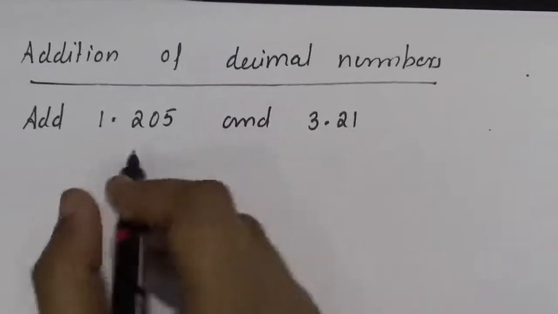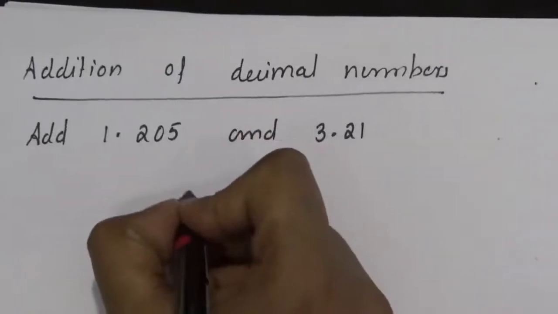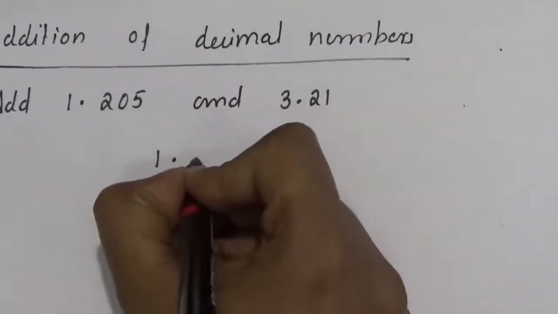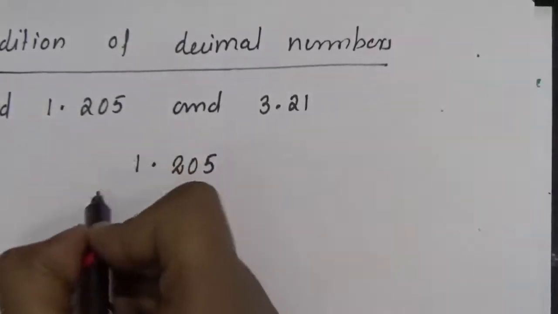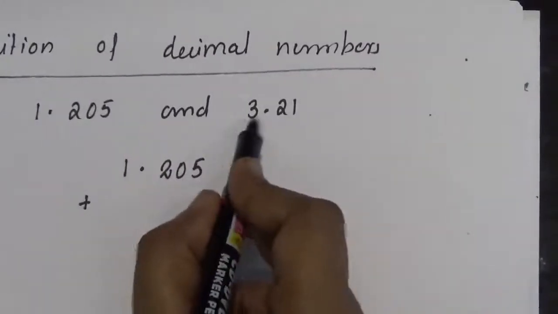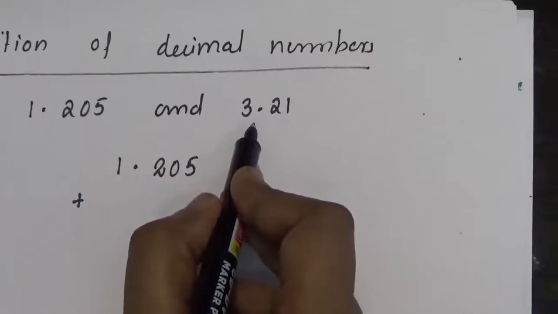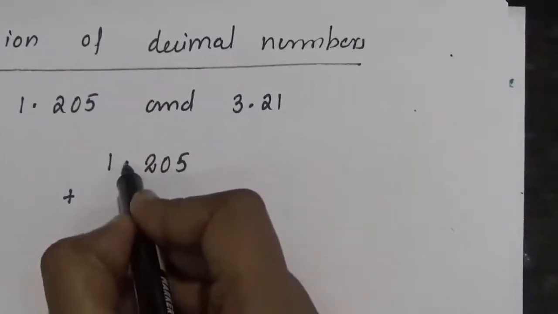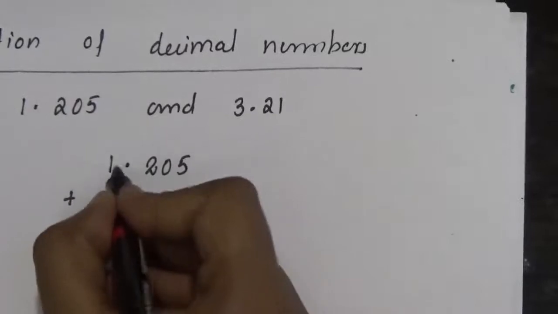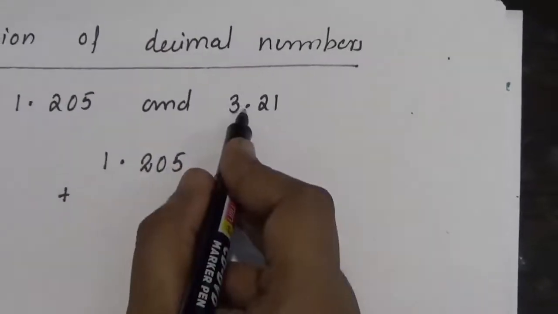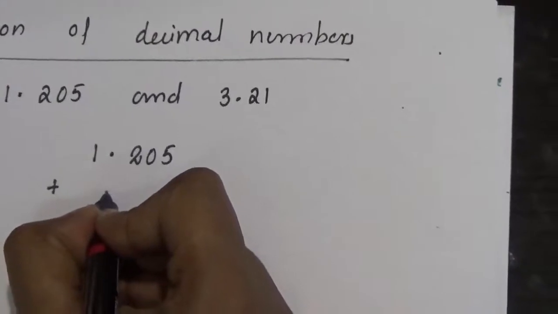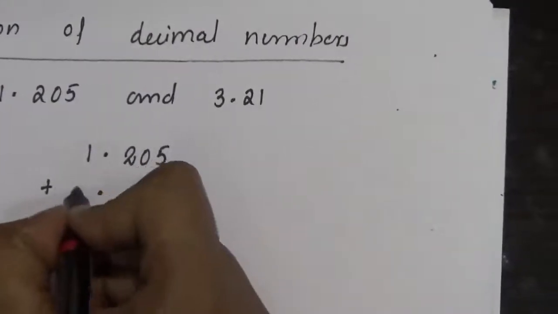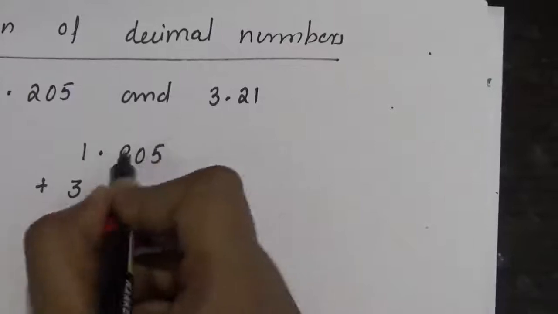First write the number 1.205 plus, now write the second number, that is 3.21. Here you have to remember the point should be on the same line. You have to write the point of the second number just below the point of the first number. So we have 3 point and next number is 21.